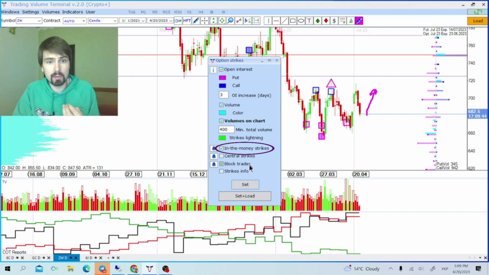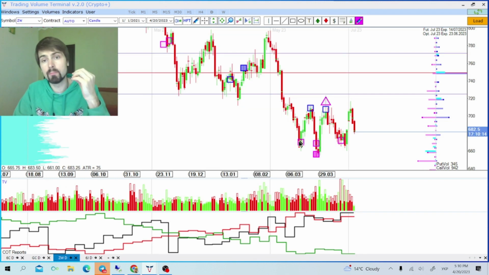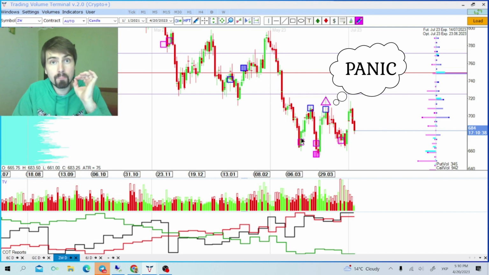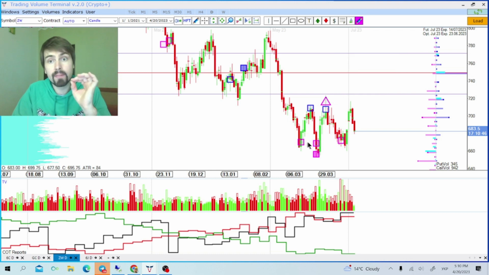So we choose in the money strikes and block trades and click set plus load. Very often in the money block trades appear at reversal points because traders are in panic and they buy a big amount of options from the market maker to hedge their shorts or their longs.